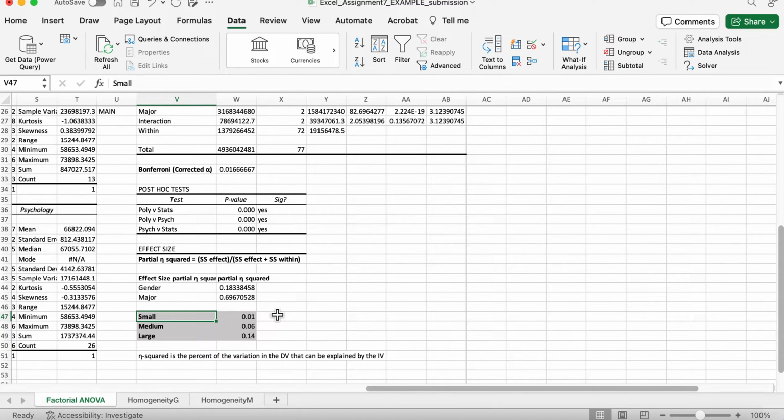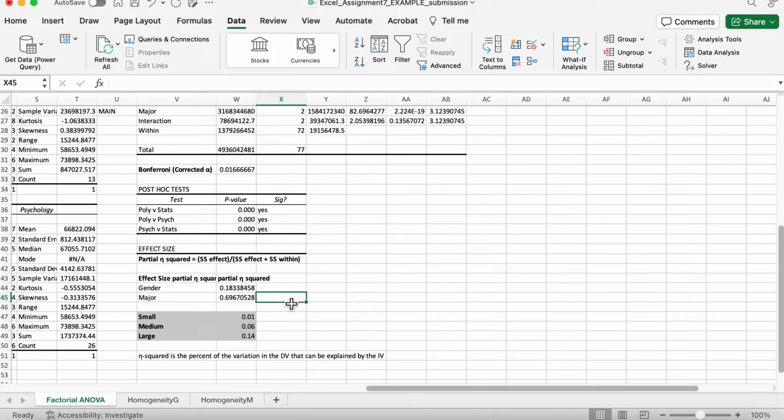So, for example, this number may be a large effect size in some studies, but not so much in others, which is highly confusing, but we're not going to worry about those differences. I do want you to understand.